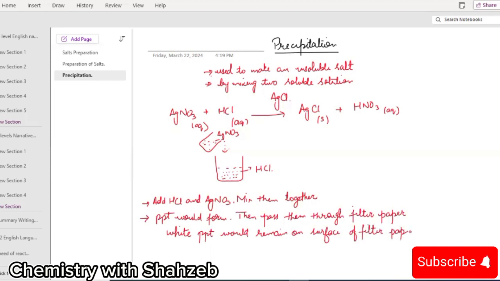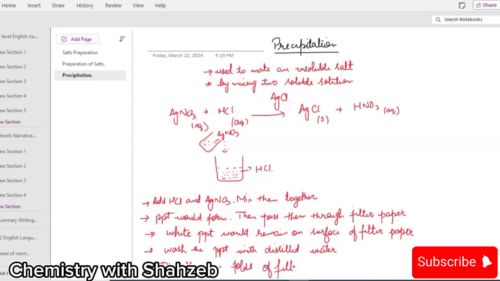When the precipitates remain on the surface of filter paper, then what we are going to do is wash the precipitates with distilled water, and dry them in folds of filter paper.